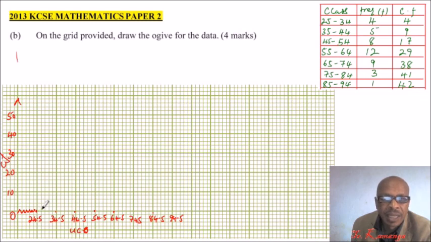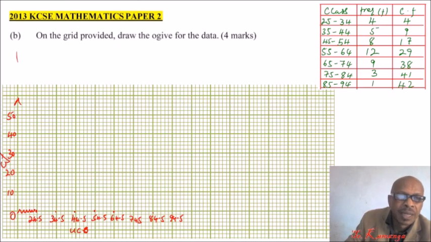That's where we start. When it comes to that, we got 4. So we use two small squares, one small square represents 2. This is 4. The cumulative frequency is 4.